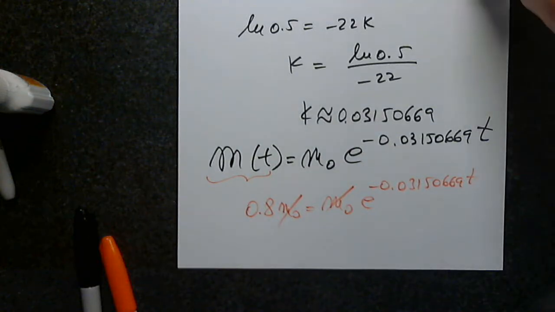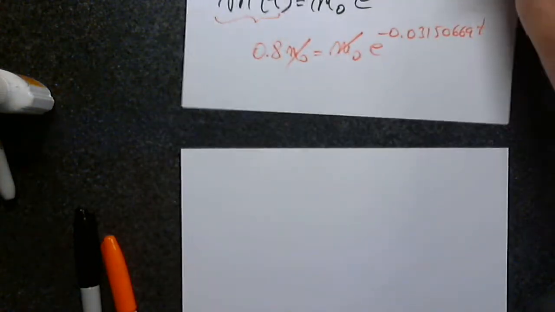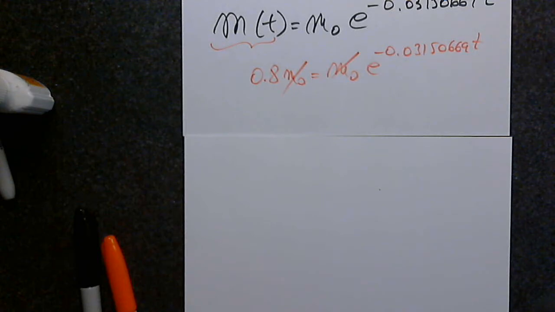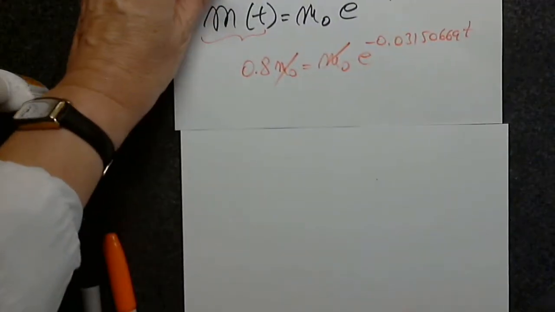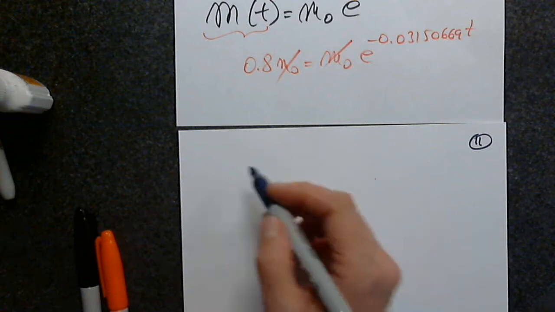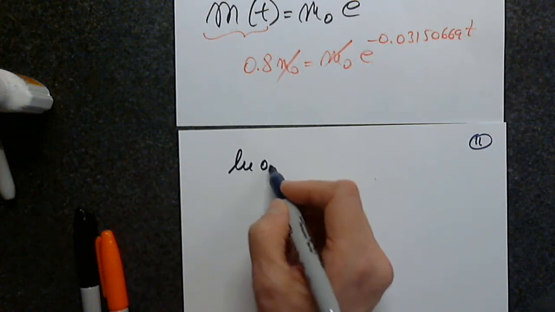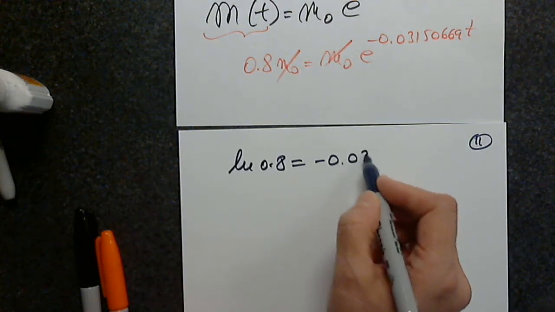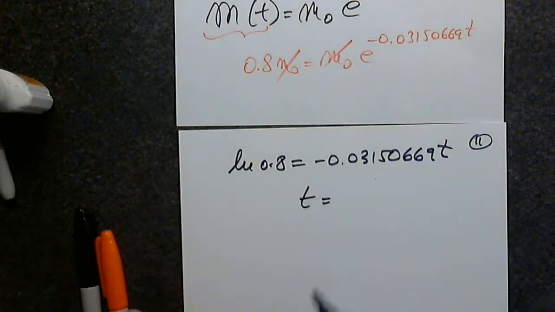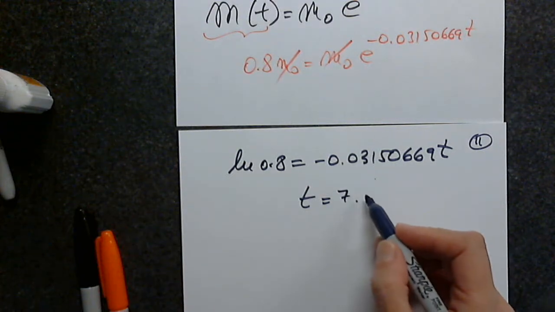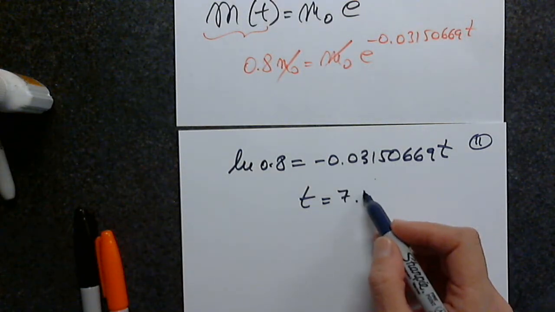And please give me time. So natural log 0.8 equals negative 0.031506669 t, and t will be roughly 7.08, okay, 7.08 years.